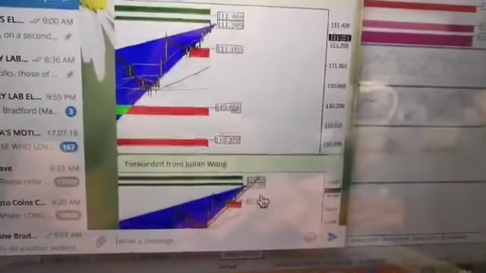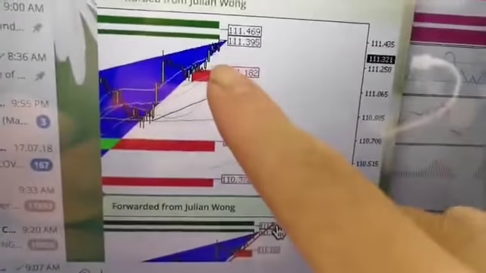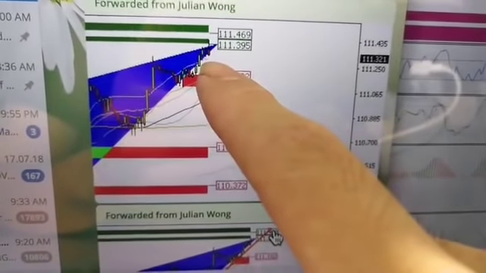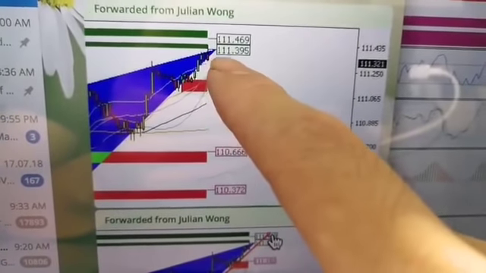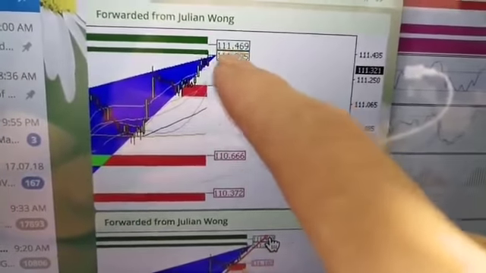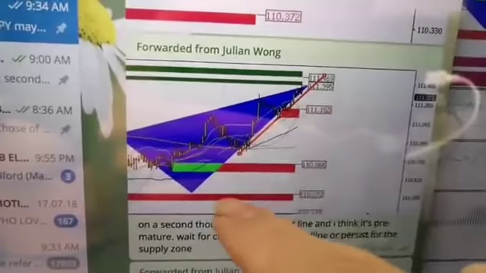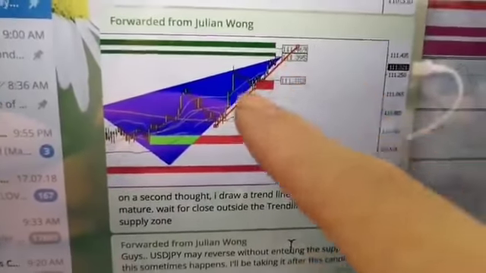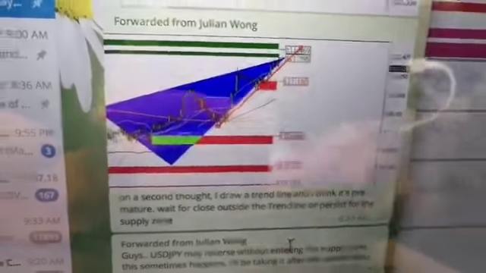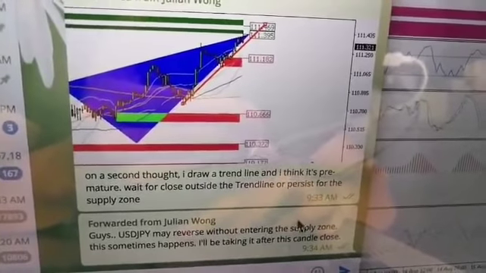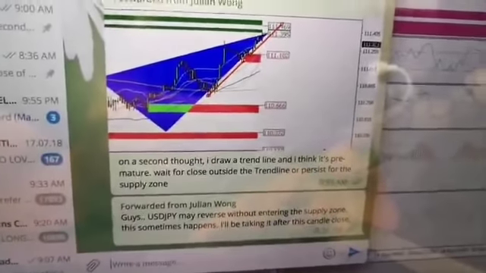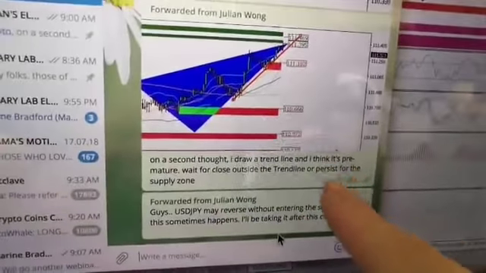Okay, in this case, I just want to show you this. It seemed as though this one was going to reverse without actually coming to that zone. But then on second thought, I put this line out there. So I gave people in the Forex group this instruction where I mentioned here.